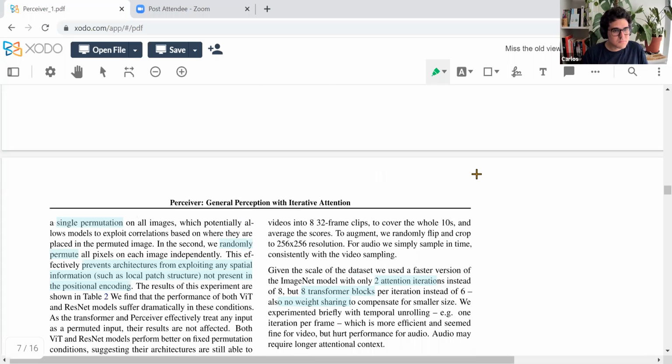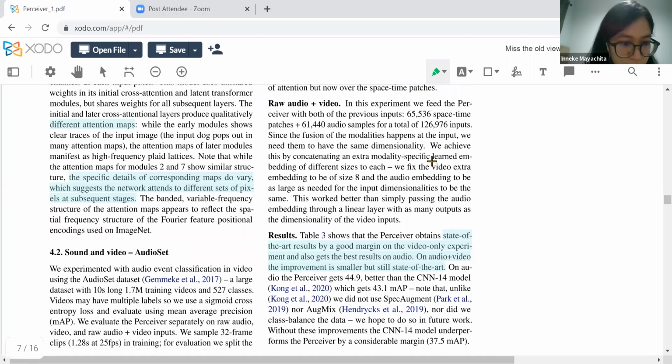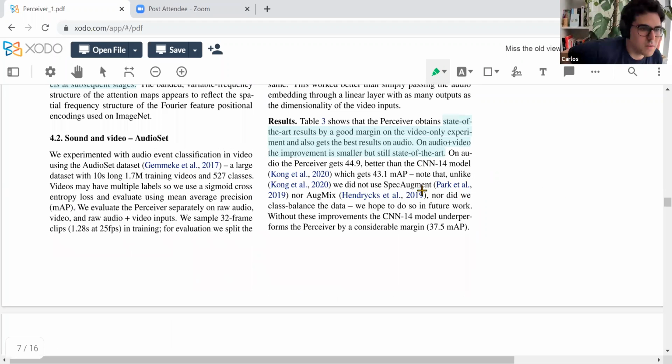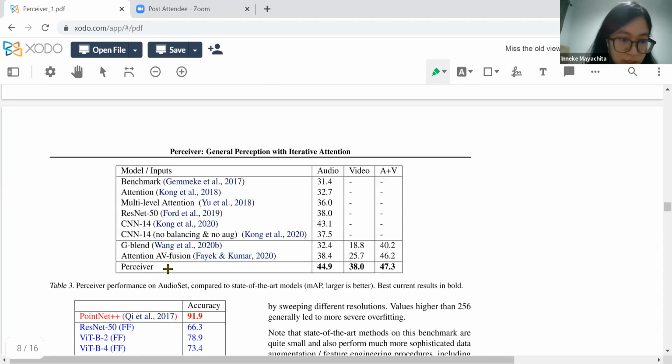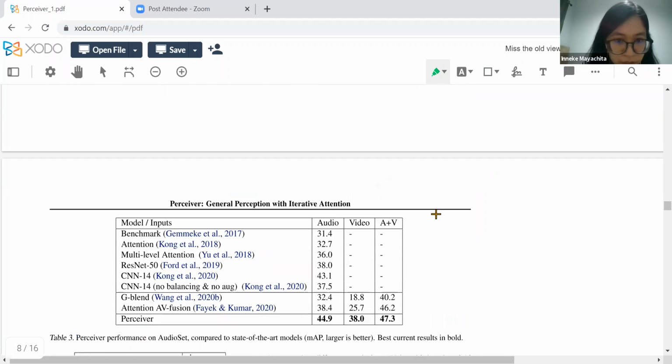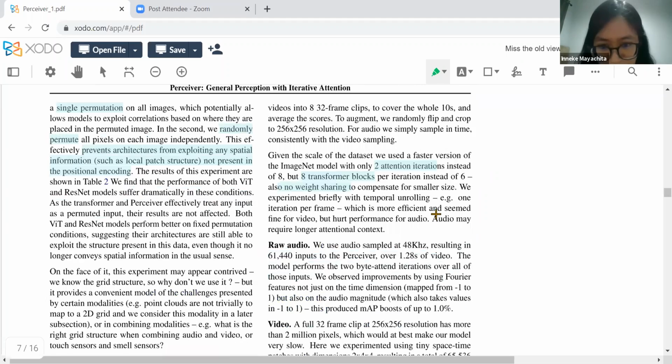Okay, cool. The last part has two other experiments, with audio and also point clouds. For audio, this Perceiver outperforms all other state-of-the-art methods, especially for audio and video. That is very phenomenal in my eyes.